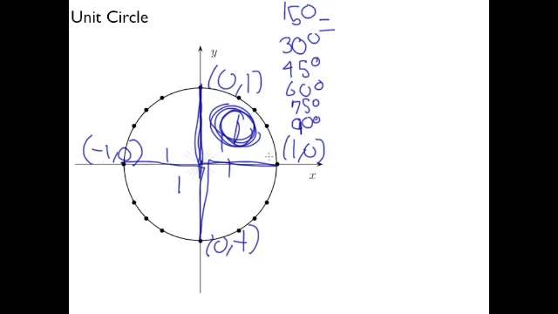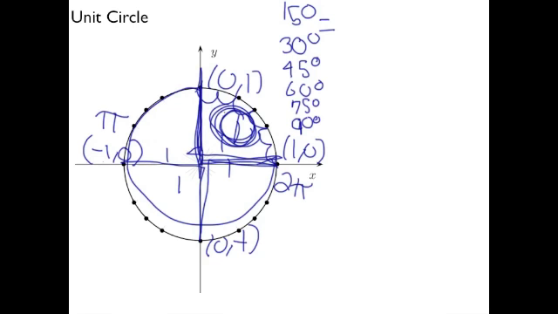Okay, so 15 degrees. So let's see, that would be 1, 2, 3, 4, 5, 6. So 6 points here make up 1/2 of pi, because remember we said that this whole unit circle is 2 pi.